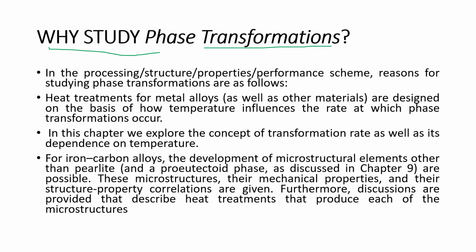Heat treatments of metal alloys, as well as other materials, are designed on the basis of how temperature influences the rate at which phase transformation occurs. Because the phase transformation at the critical temperature must be different from the phase transformation at a temperature above the critical temperature, which we call the eutectoid temperature for the iron carbide diagram.